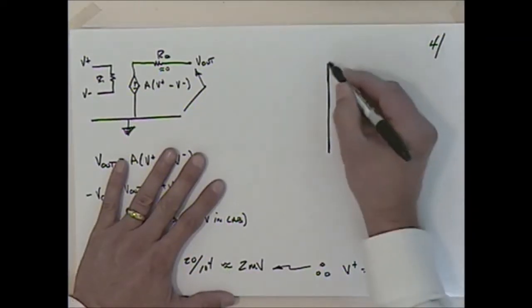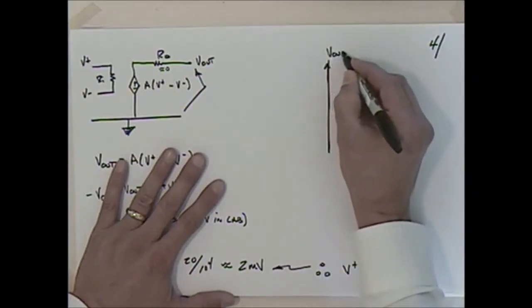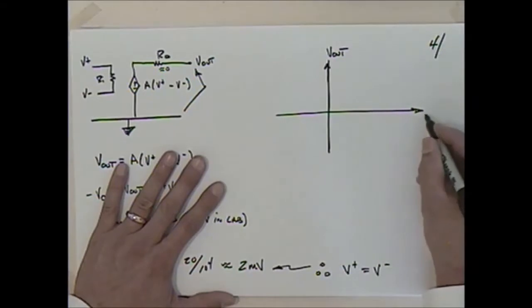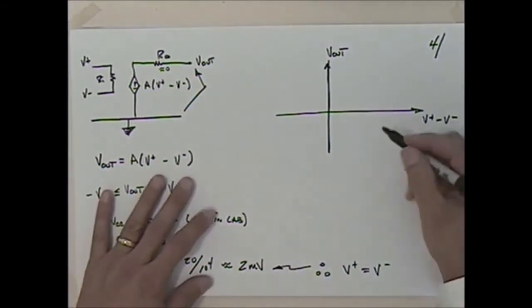If I look at a graph here of V out versus V plus minus V minus. Okay. I'm going to get something like this.